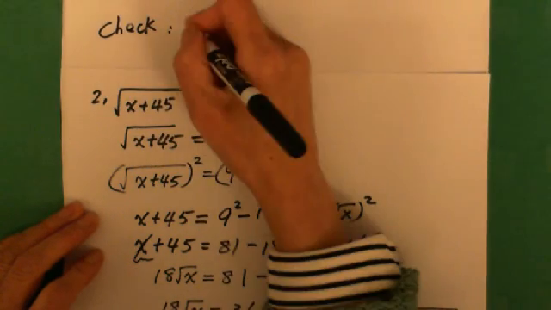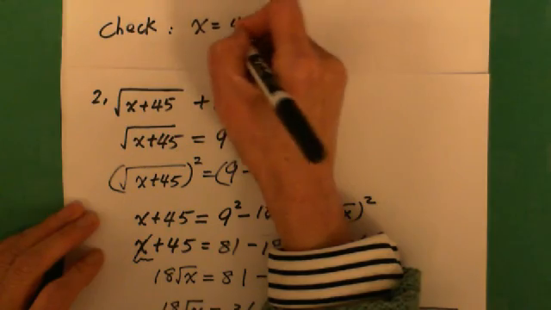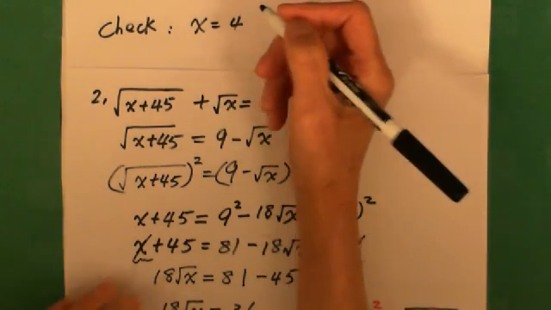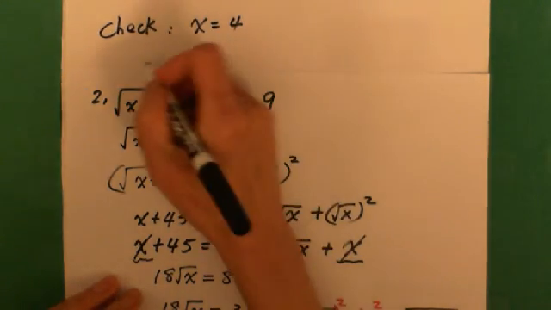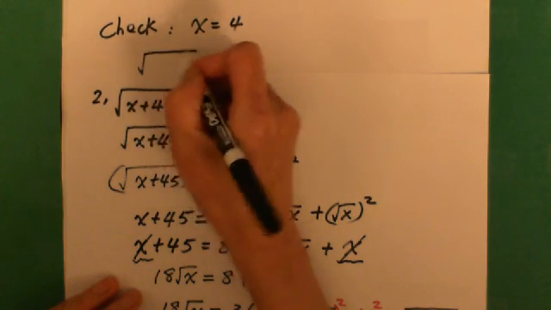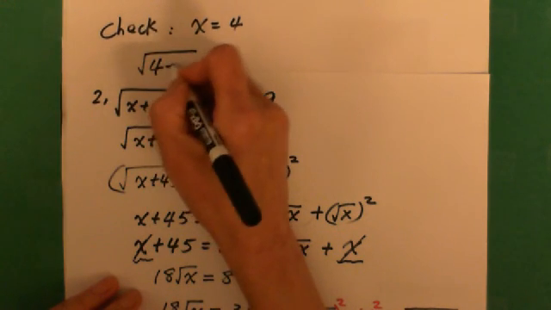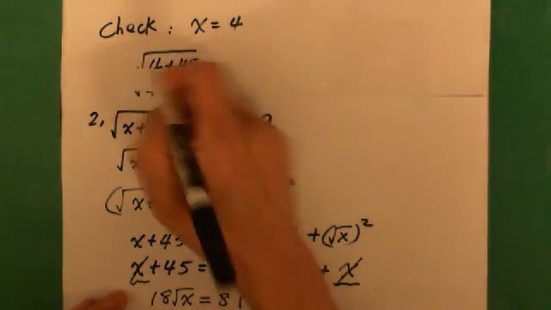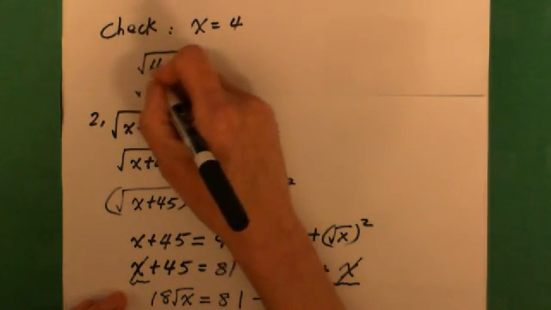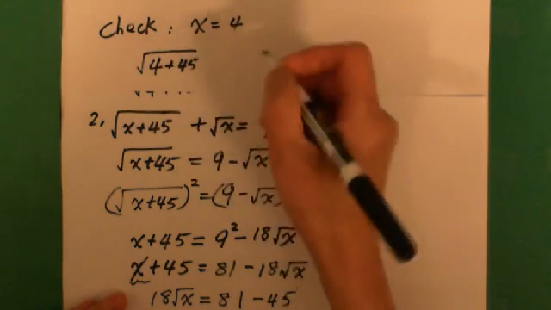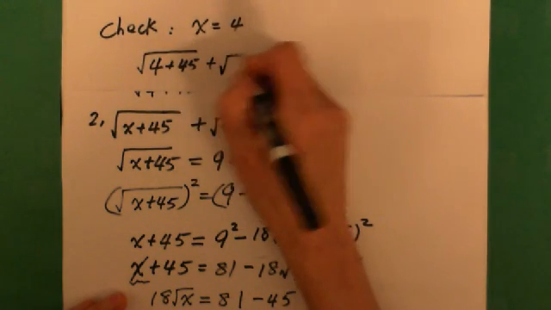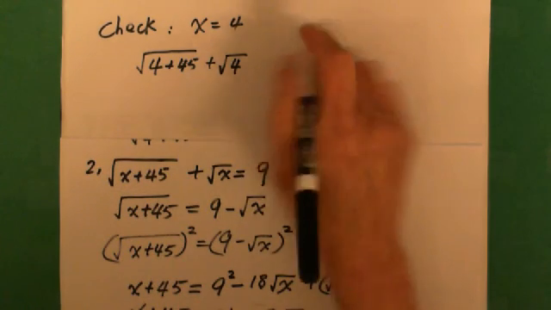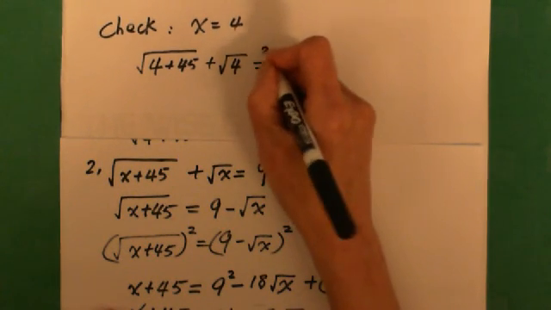On the left side, you plug in square root of 4 plus 45 plus square root of 4, to see if it equals 9.